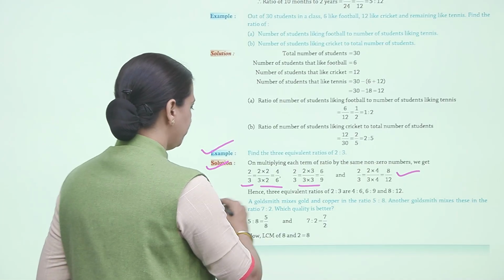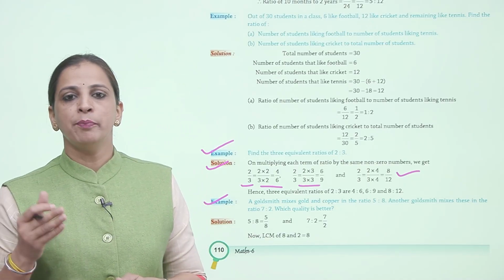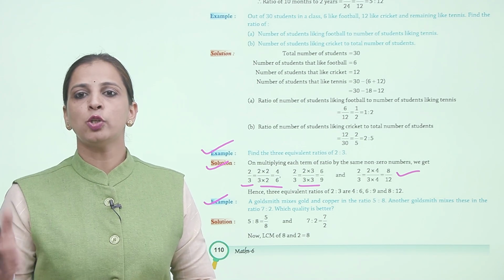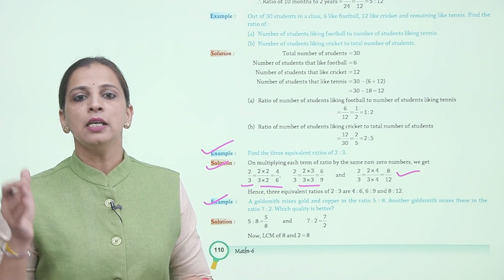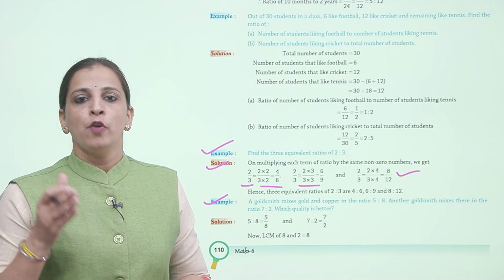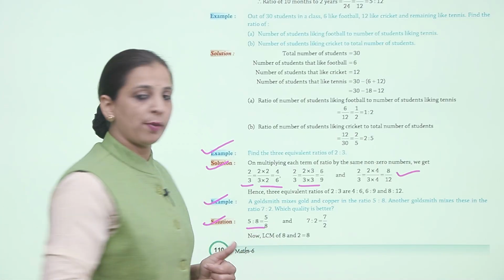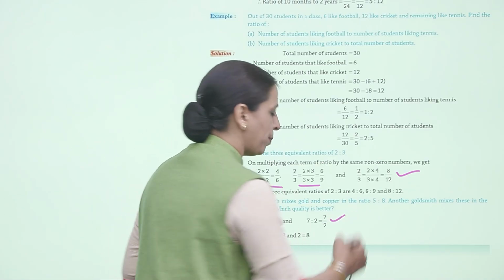Now next example. A goldsmith mixes gold and copper in the ratio of 5:8. Another goldsmith mixes these in the ratio of 7:2. Which quality is better? Solution करते हैं. 5:8 is 5 by 8 and 7:2 is 7 by 2.